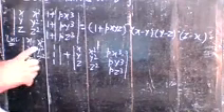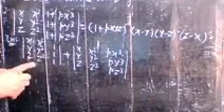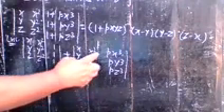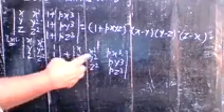Yes, sir. So just wait. This determinant is in simplest form. You can take common x from the first row, y from the second row, and z from the third row.